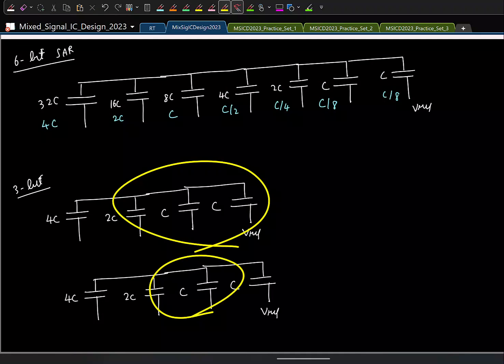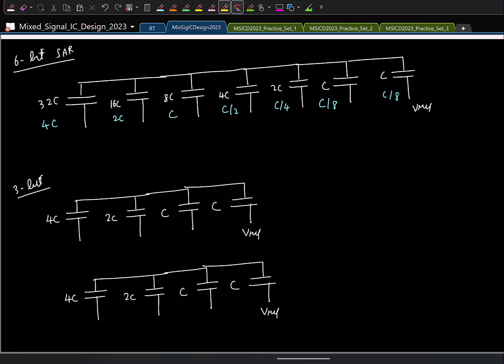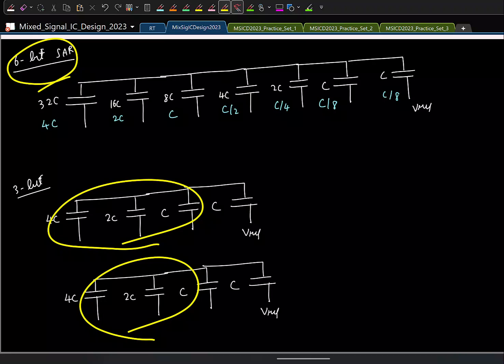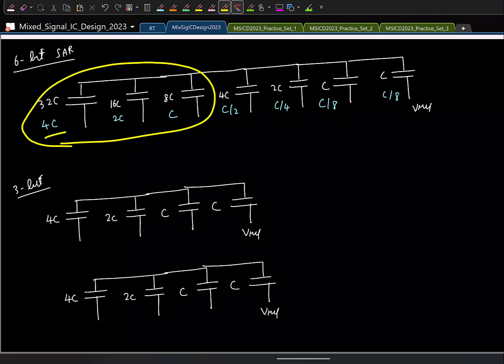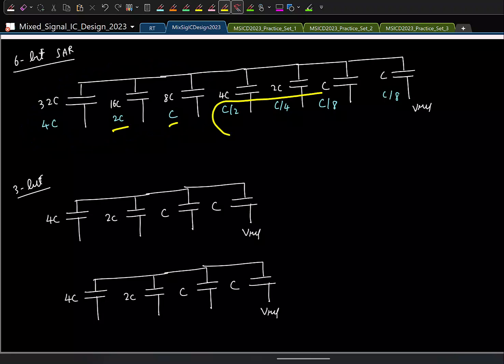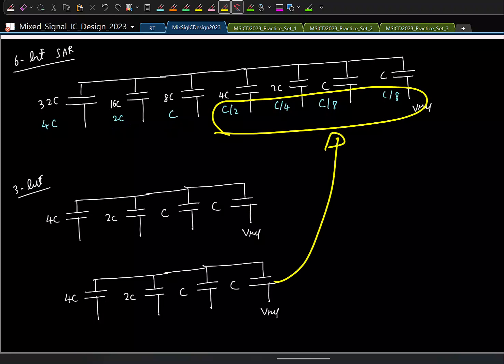What is the natural question you can ask? I started with the goal of making a 6-bit SAR using a 6-bit DAC. Now I have two 3-bit DACs. Can I combine these two? And you can see this portion is basically now a 3-bit SAR, 4C, 2C, C. Now the question to ask is, instead of doing this, can I use this?